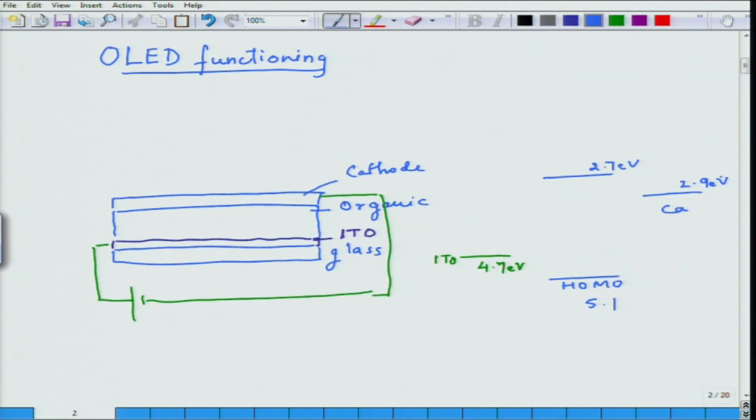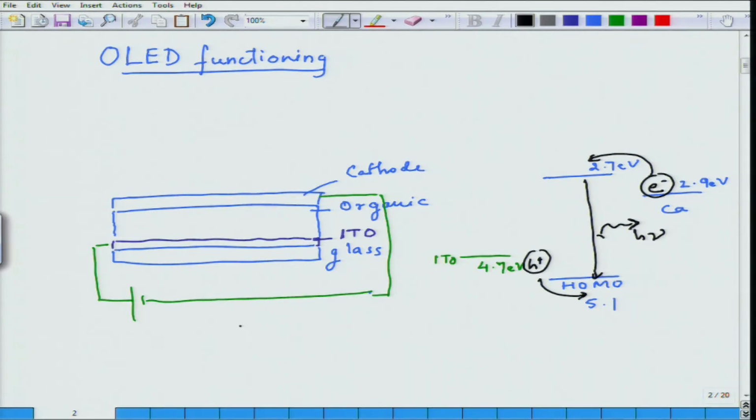So, when we apply the voltage to this device, electrons would be injected to the organic layer, and on this side holes will be injected to the organic layer. These electrons and holes will recombine to produce light, and hence you have the emission of desired wavelength.